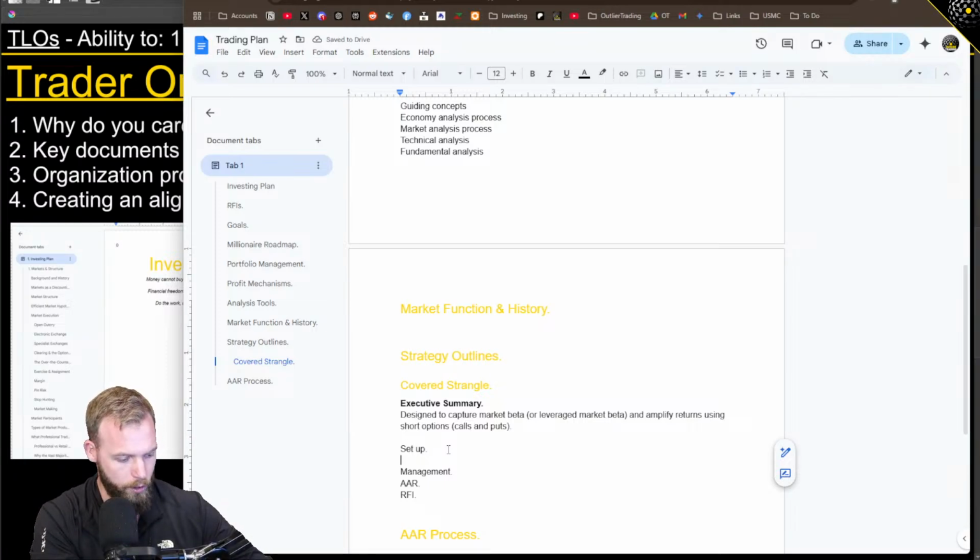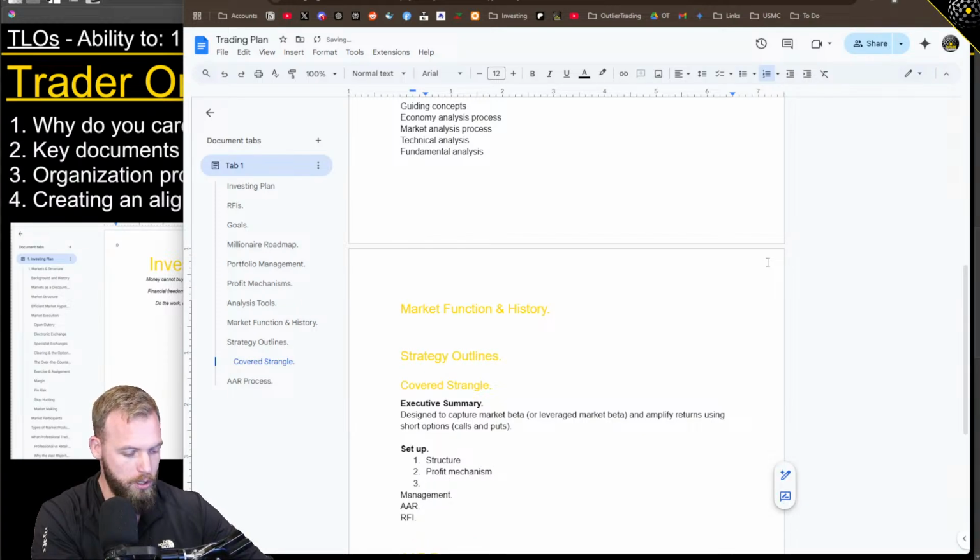So the first section, subsection, and again, this will be whatever you want it to be. It will take shape over time, but literally think about just the process of putting a trade on and the things that you need to do in order to put on a trade. So the first thing is you need to know the structure that you're going to use. You need to know the profit mechanism that you're trying to capture.